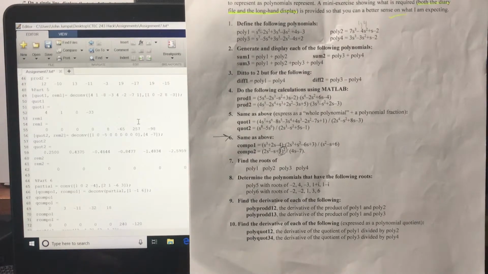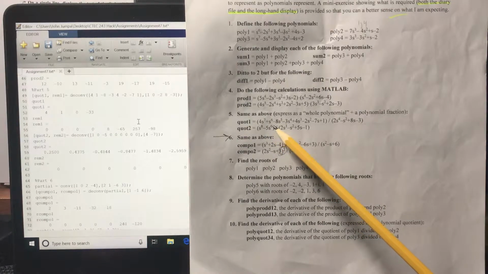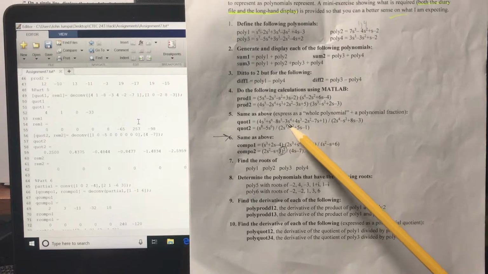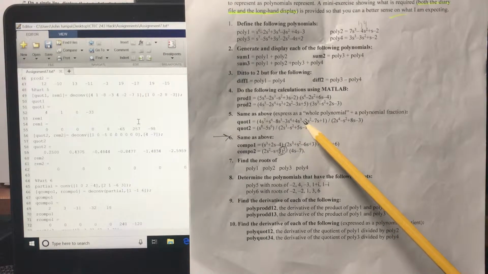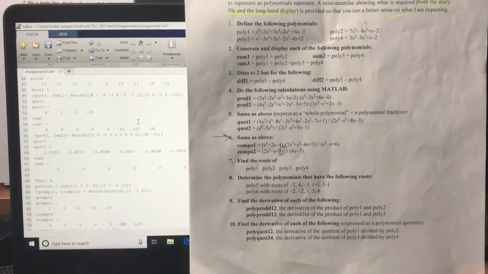So parentheses, bracket, and in this case you have to write 4, 1, -8, -3, 4, -2, -7, +1, and end bracket, comma, and for the next polynomial.